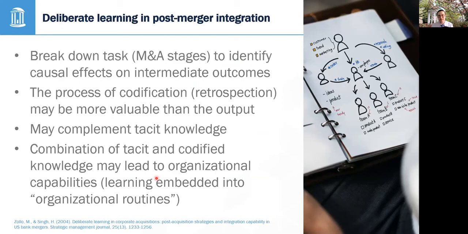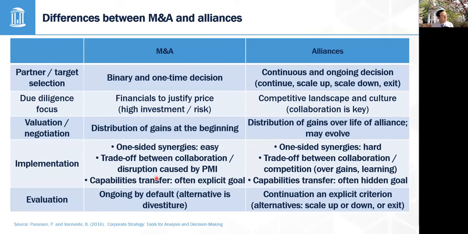Specifically, they believe that the process of retrospection, where you sit down and think about the decisions you made and the outcomes of those decisions, can be used to make firms more and more effective at integration and acquisition over time. They're ambiguous on whether or not it's the written materials that are valuable or that process of retrospection. But they also argue that these can complement each other, and firms can develop routines over time to essentially learn how to acquire better and better by repeating the same actions over and over.